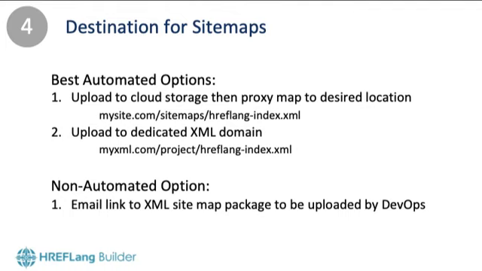The second option is we can upload to a dedicated domain. So we have some people that will call it mycompanyxml.com, and then especially those in CPG or FMCG, we call them portfolio companies. They have multiple brands, and if they're managing centrally, they'll often have a dedicated domain like this, create a project folder for each brand, and then we can upload the files to that.